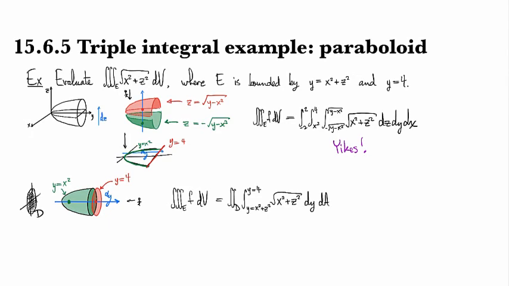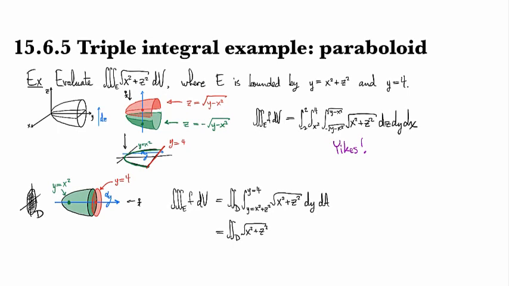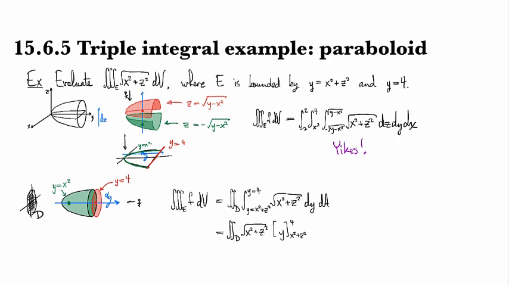If we do that first integral, there's no y in that radical, so we can pull it out in front of that integral, and 1 gets integrated up to y, which is then evaluated from x squared plus z squared up to 4.